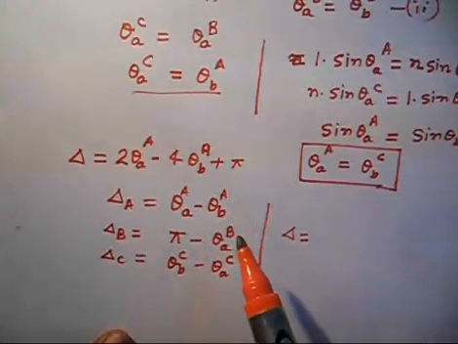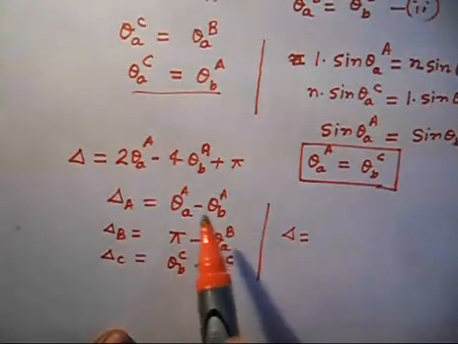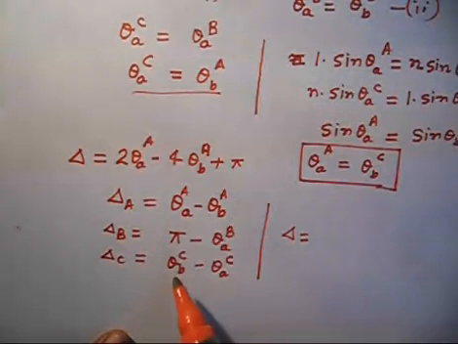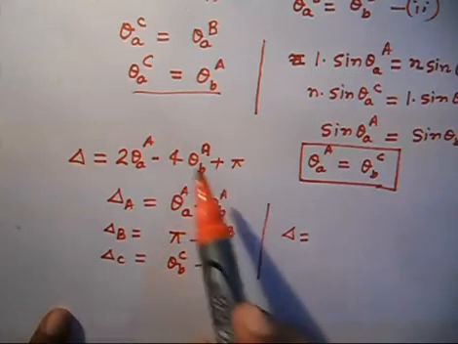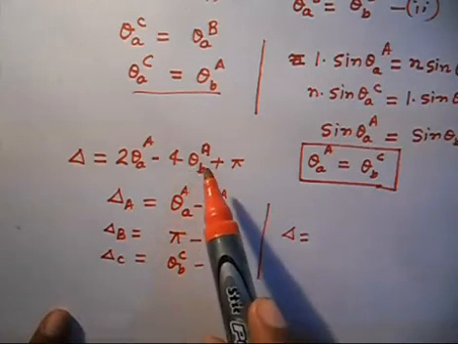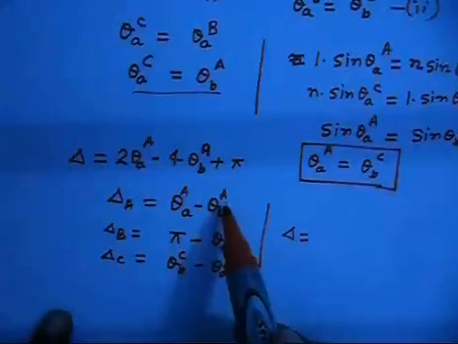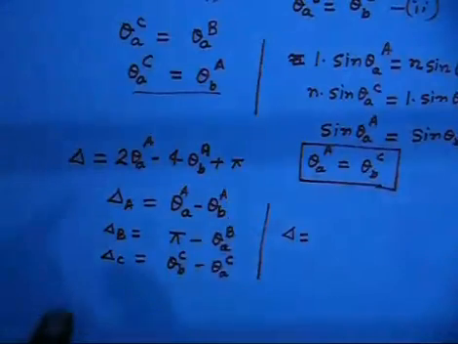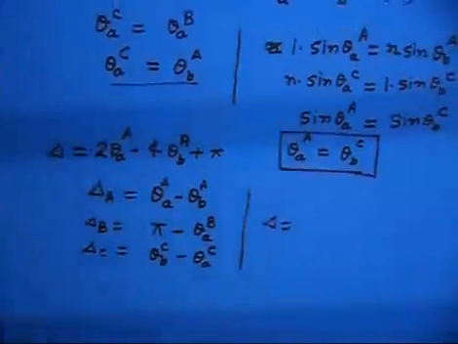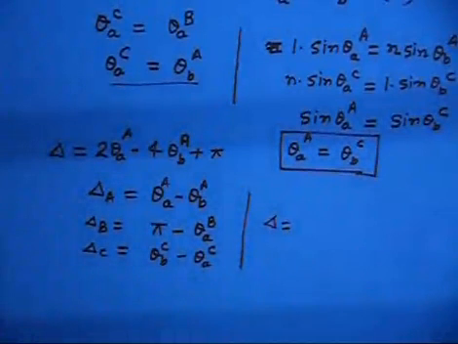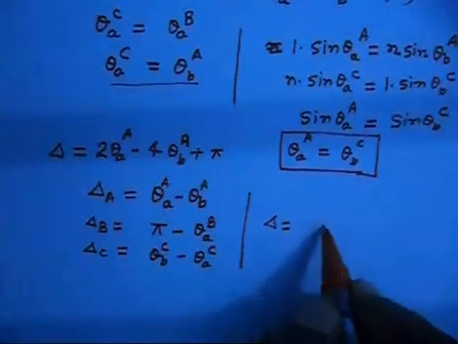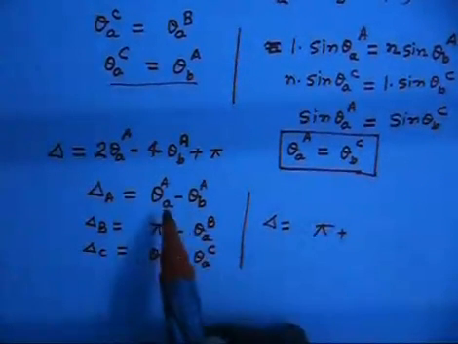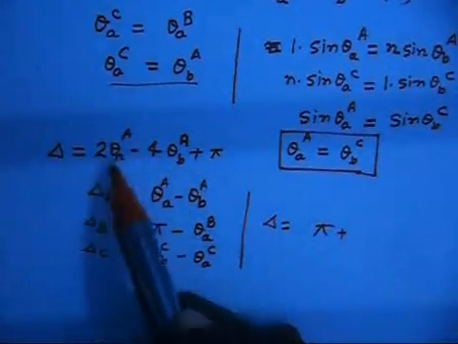Now basically all angles are, so theta a at A. So let me write, so I need 4 times theta b at A. So delta will be, so total is pi plus I will have theta a at A 2 times.